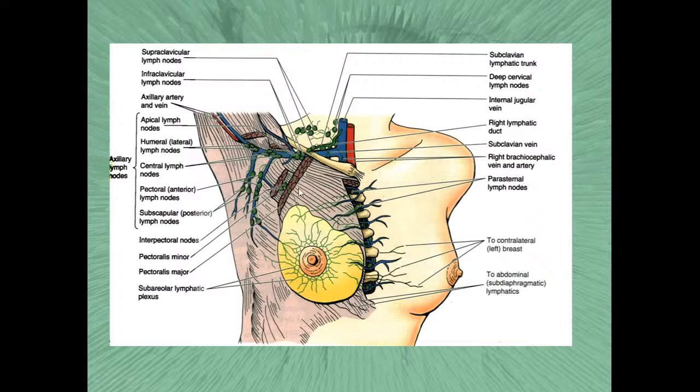But except this axillary direction, some extra directions are present as well. From the upper quadrants of the mammary gland, lymph can drain into the supraclavicular lymphatic nodes.